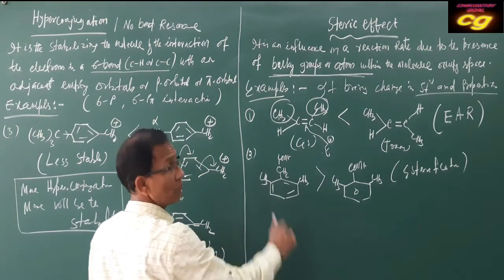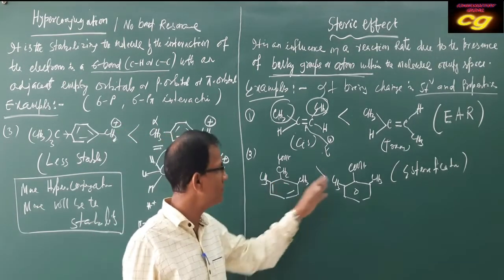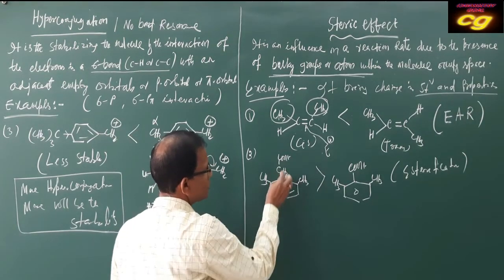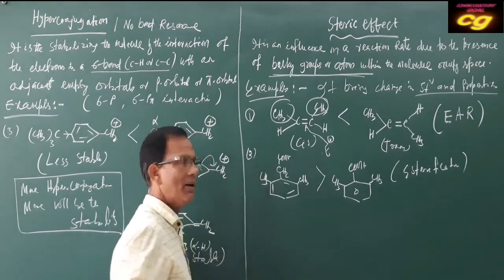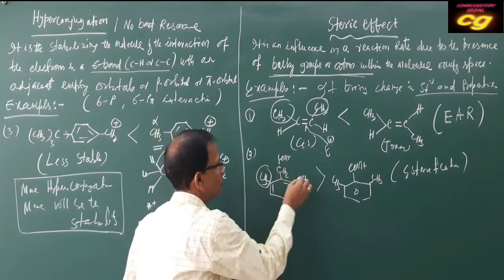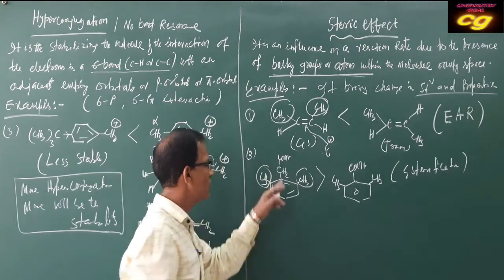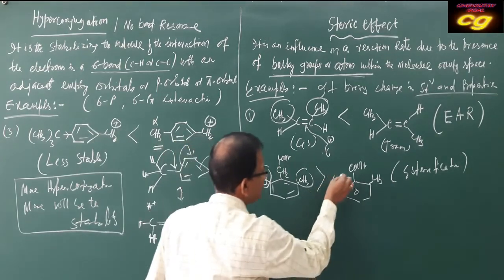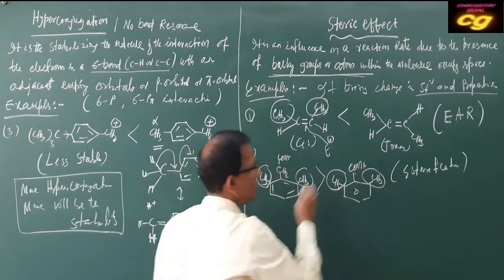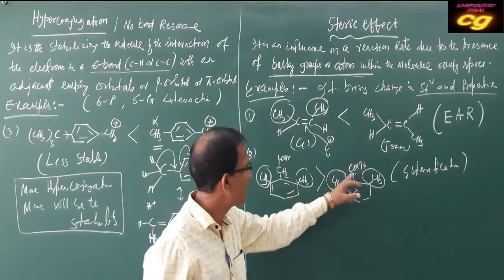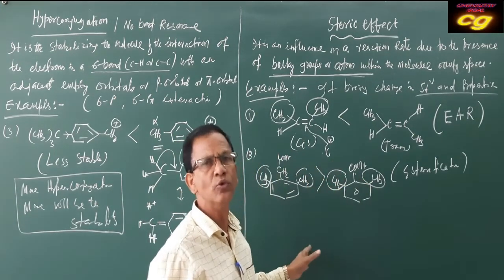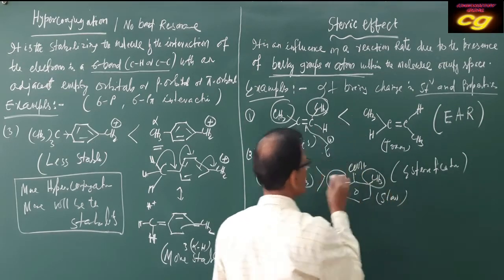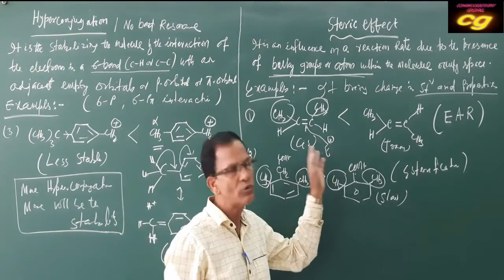But this acid is more reactive than the second one because the COOH group is away from the bulkier group. This is your bulkier group. This COOH position is far away from the bulkier group, but the other group is very close to it. That's why attack by alcohol will be slow. This reaction will be slow due to the bulkier group close to the carboxyl group.